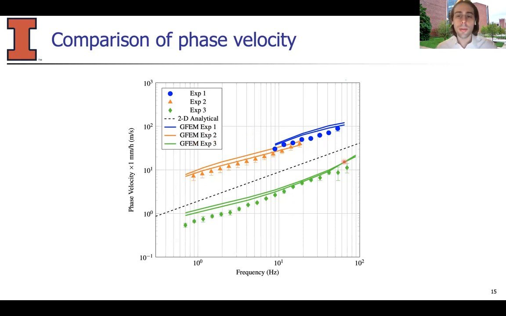And a great agreement can be seen for most of those frequencies. Also, 2D analytical solutions are shown in dashed line here, which exemplify that even for this rectangular fracture, 3D effects are important and need to be considered for accurate simulations.